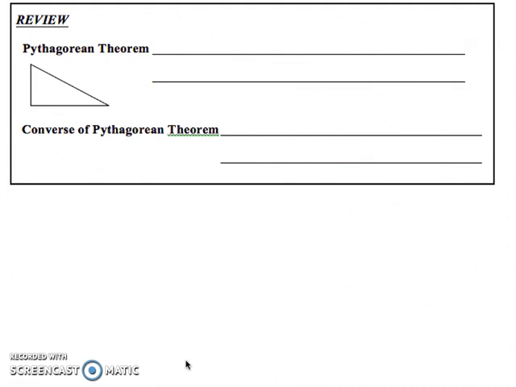The Pythagorean Theorem. So here's our triangle, and this is a right triangle. That's important.